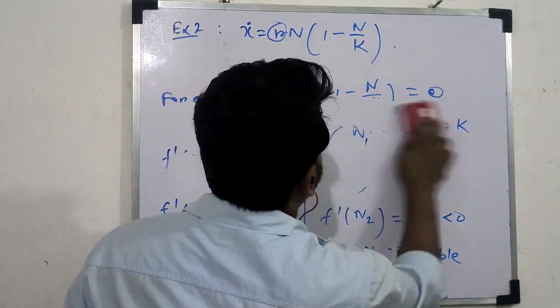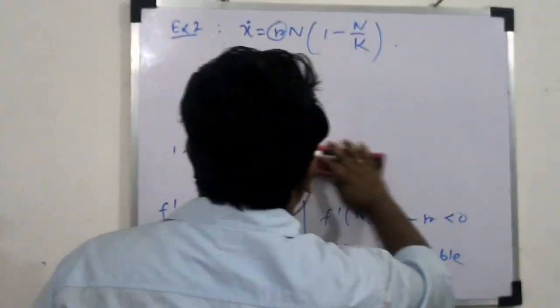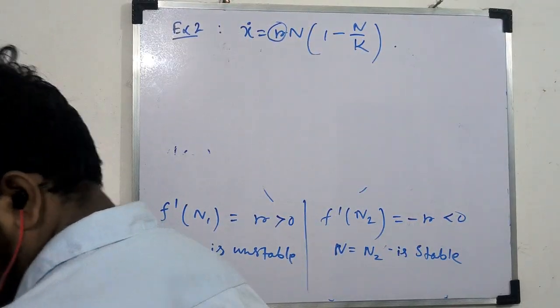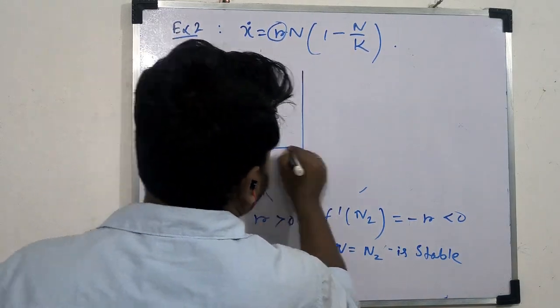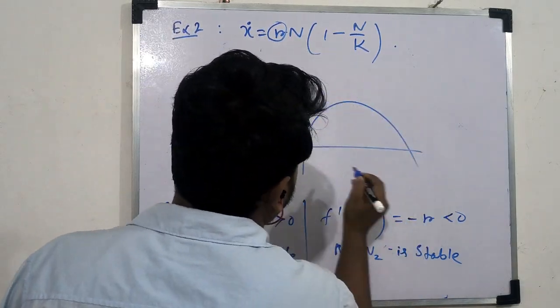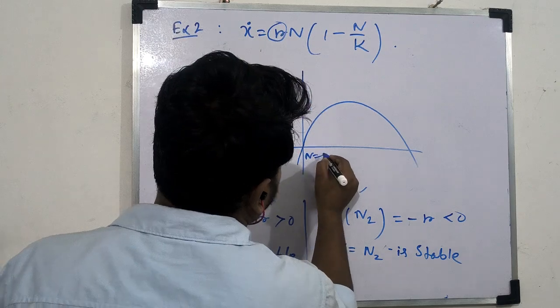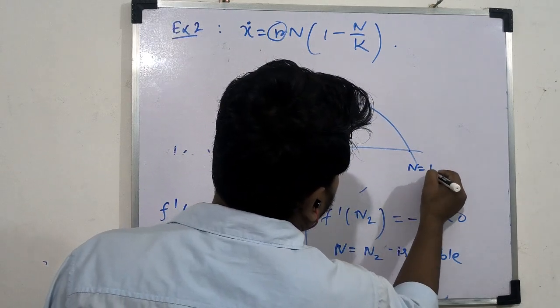Let us check. This was looking like this. This is n equal to 0 and this was n equal to k.